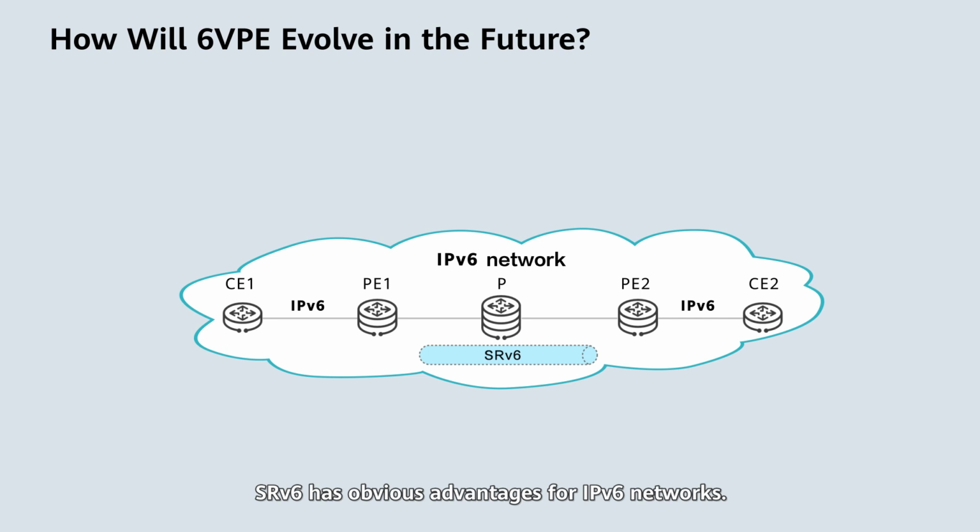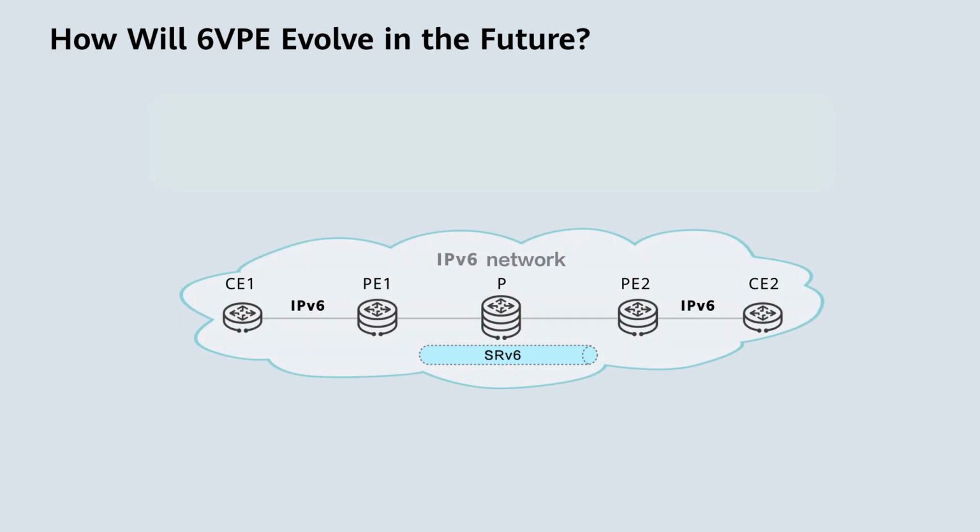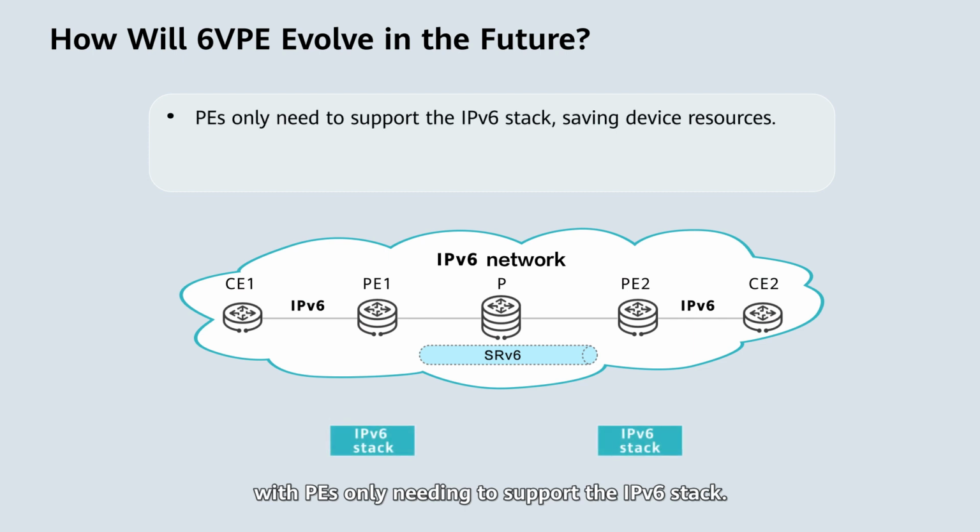SRv6 has obvious advantages for IPv6 networks. After SRv6 is deployed, the entire network runs IPv6, with PEs only needing to support the IPv6 stack. This helps conserve device resources. SRv6 packets have the same packet header as common IPv6 packets.